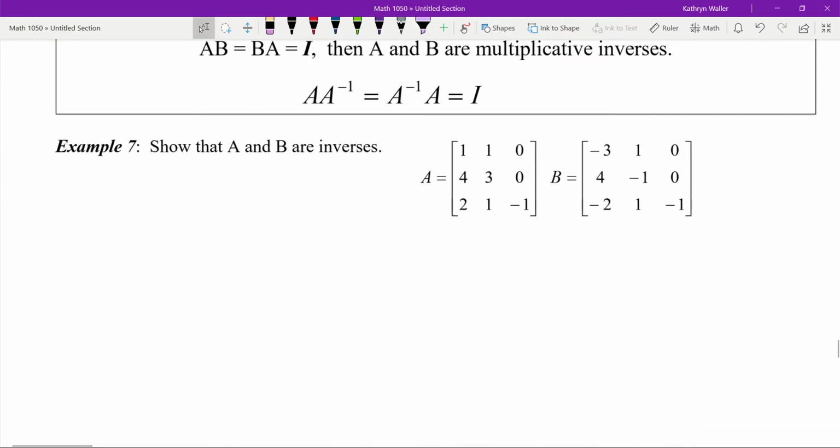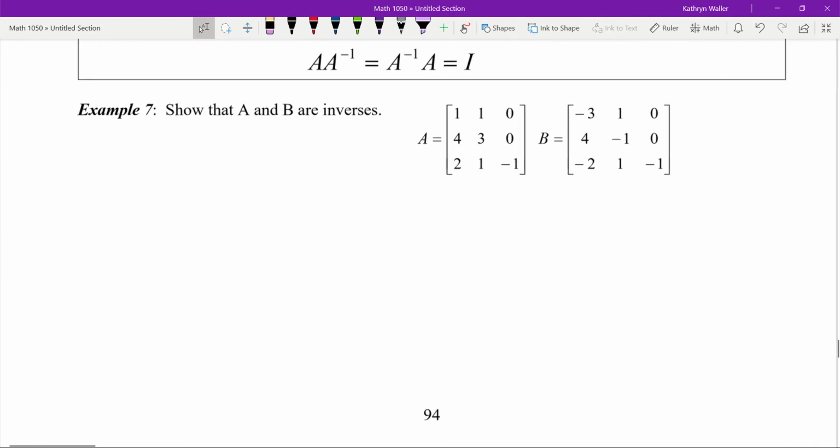Okay, question 7. Show that these are inverses, okay? If it says show, then they must be inverses. So here's what you do. You take matrix A, you multiply it by matrix B, and you're supposed to get the identity, if they really are inverses. Then the reverse is true.